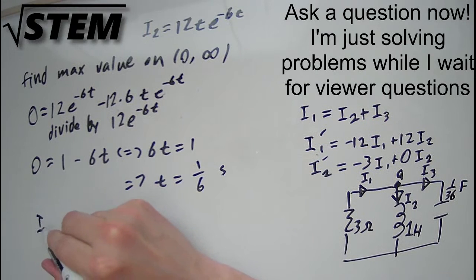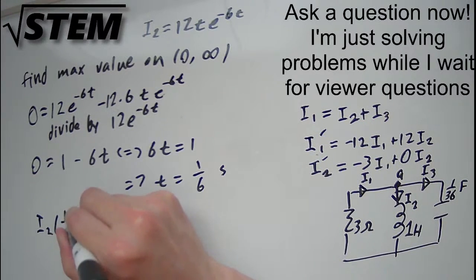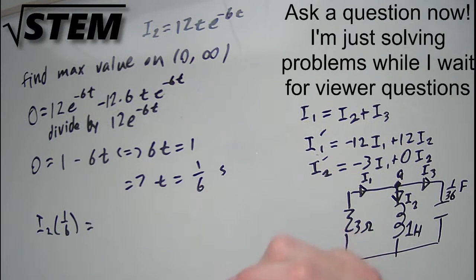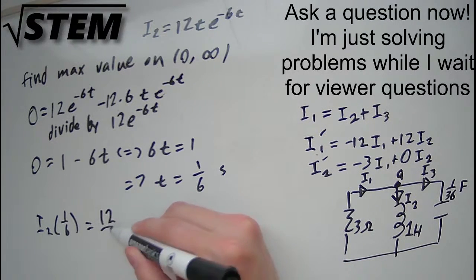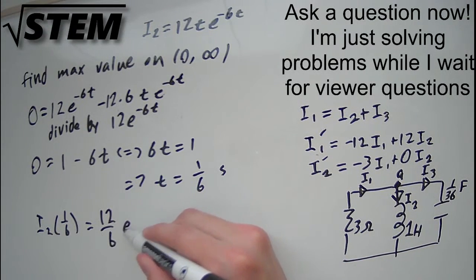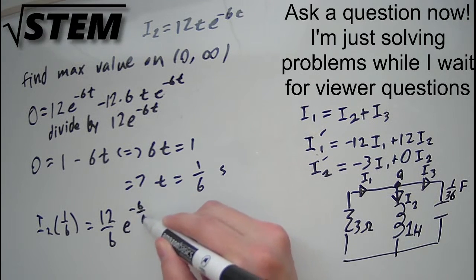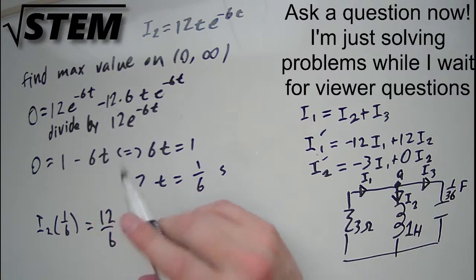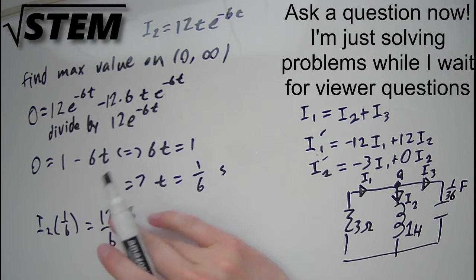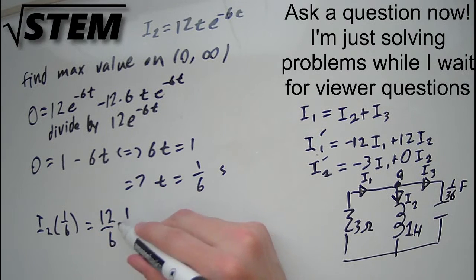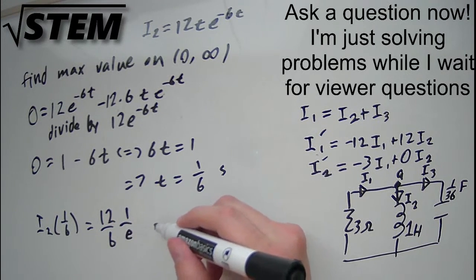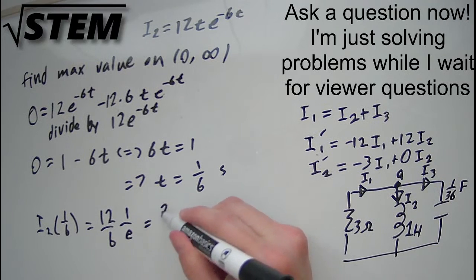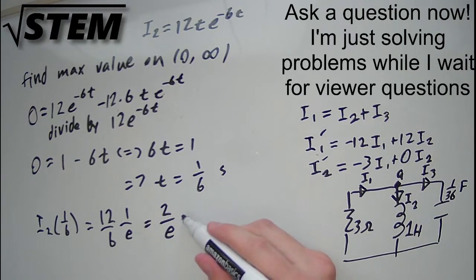So I2 of 1/6 equals 12 over 6 e to the negative 6 divided by 6. So that's e to the negative 1. So that's 12 over 6 over e. 12 over 6 is 2 over e.